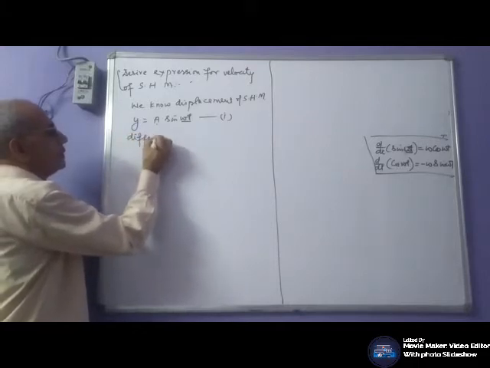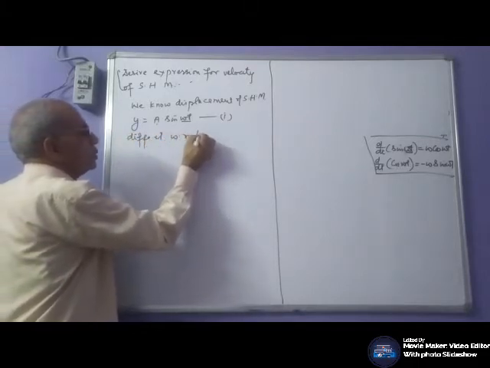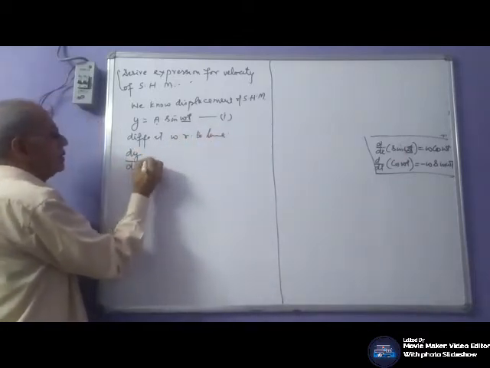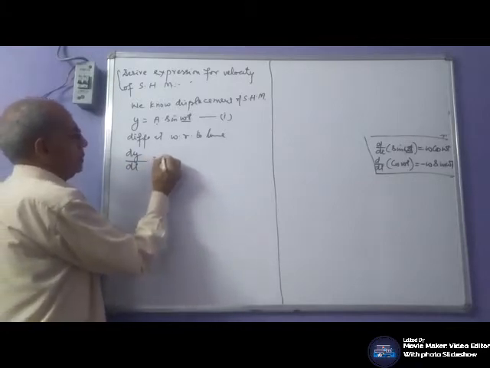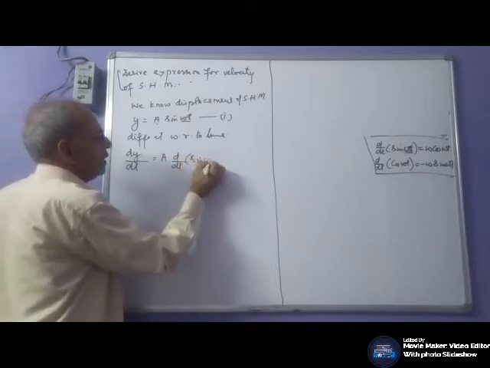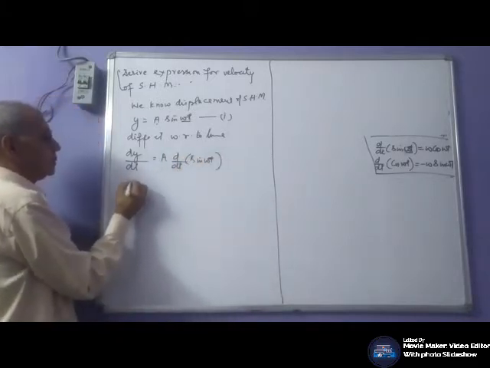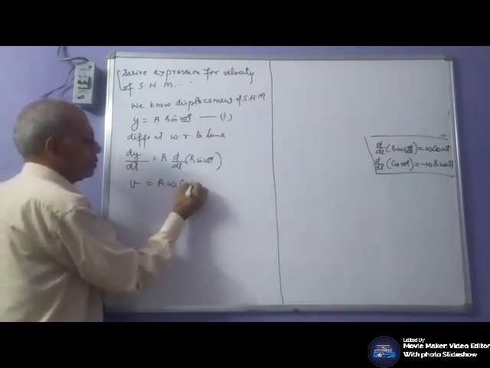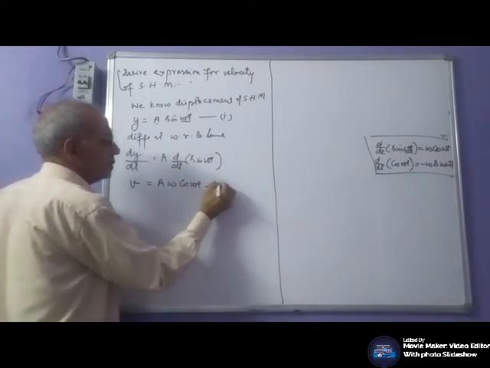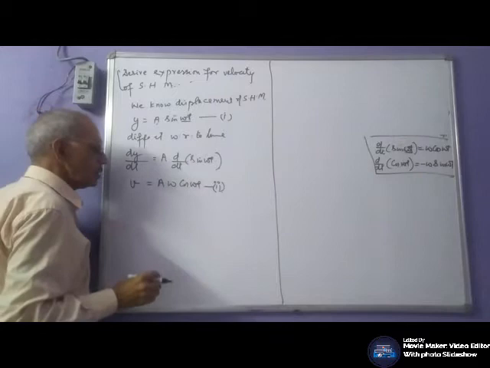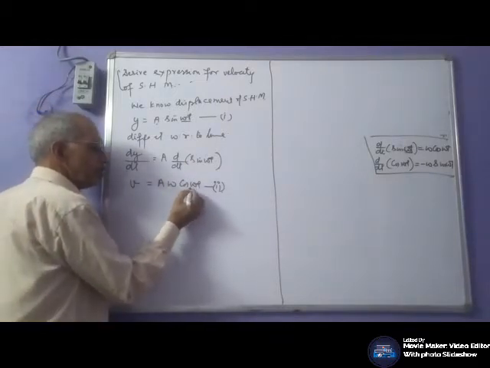Differentiating it with respect to time, dy by dt, constant outside, d/dt of sin omega t, this is v equals A omega cos omega t. This is velocity.